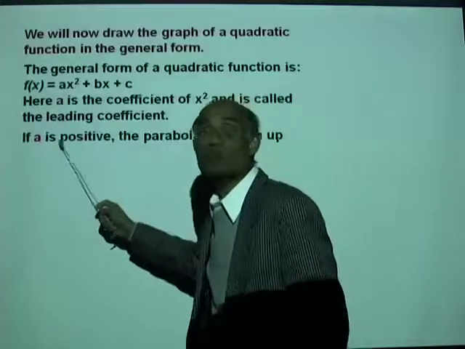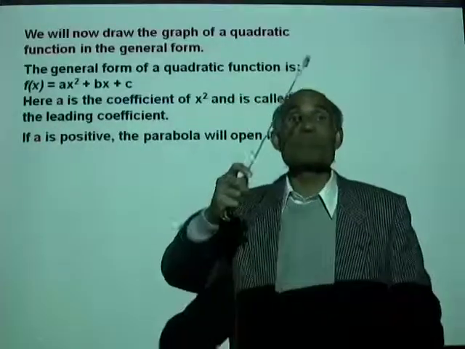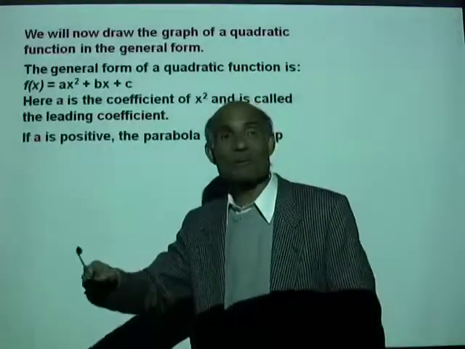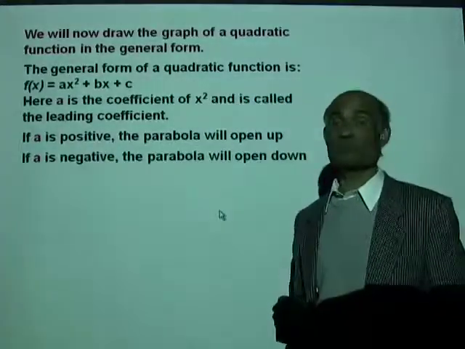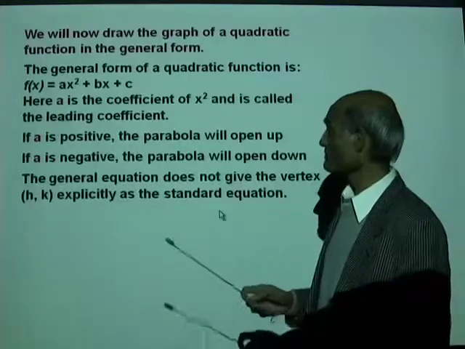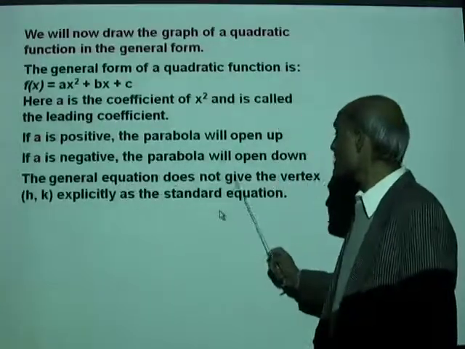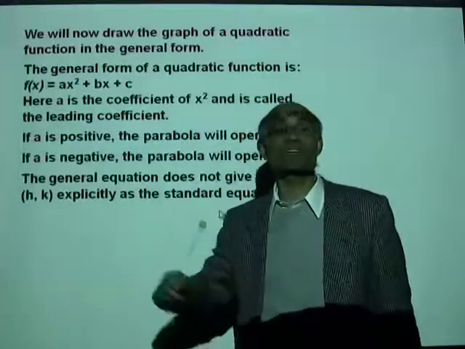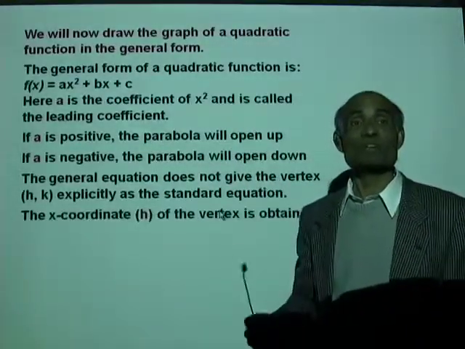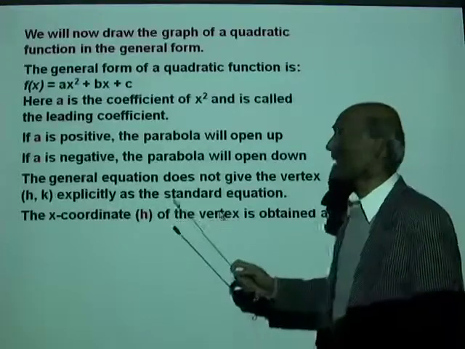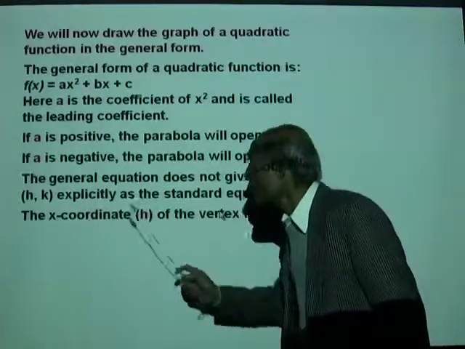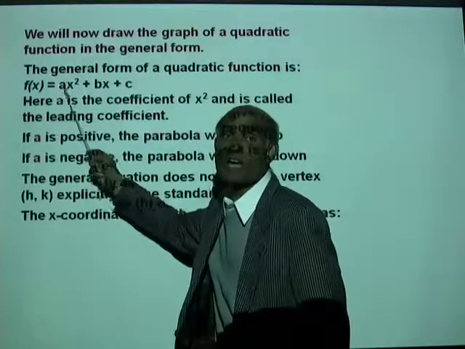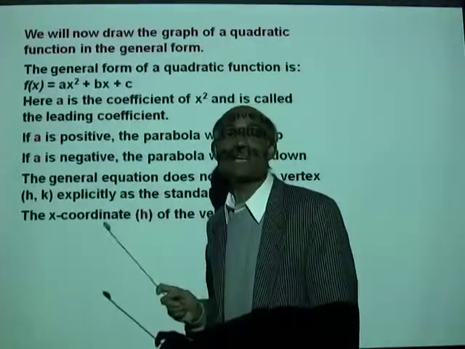Now, if a is positive, then the parabola will open up, and if a is negative, the parabola will open down. Very important information. The general equation does not give you the vertex (h, k) explicitly, but we can use an equation to find h and k using the coefficients a, b, and c.